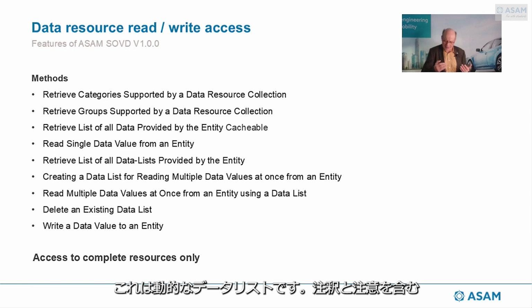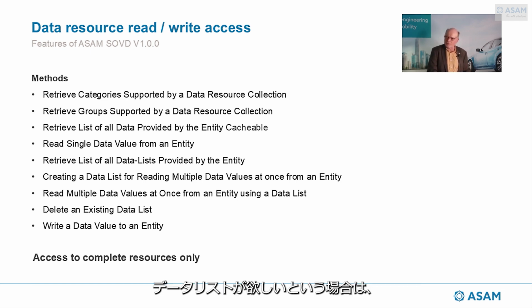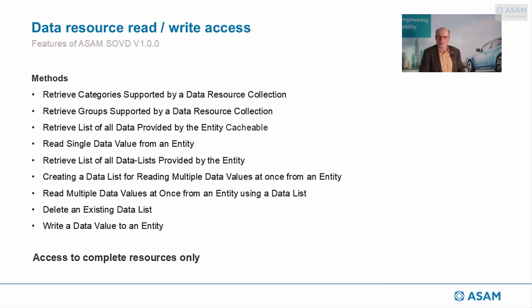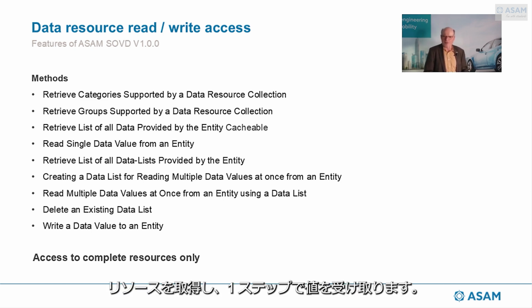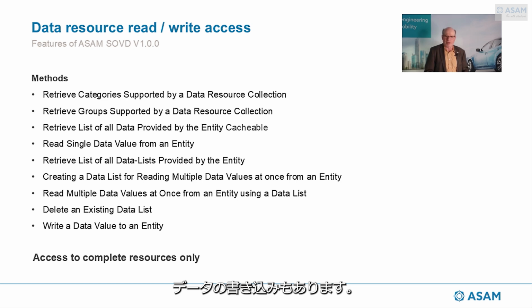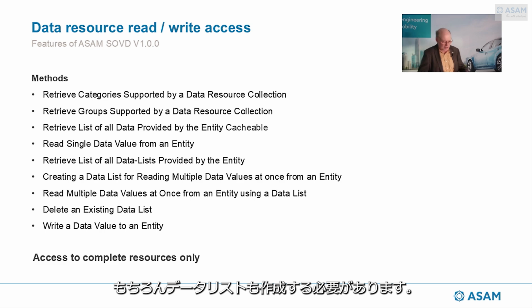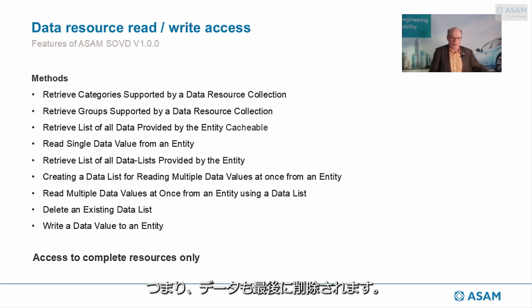That's a dynamical data list because you say, I want to have now a data list which contains Anton and Caesar, and afterwards you make a read access to these two resources and receive the values in one step. We have also the write of data. This is not for data list, and the data list of course must be created, so the data list is also deleted at the end.